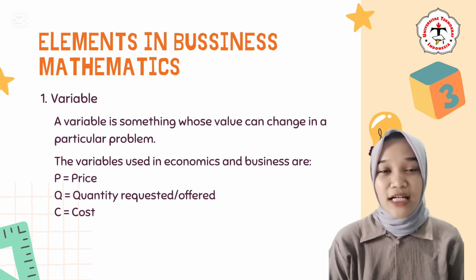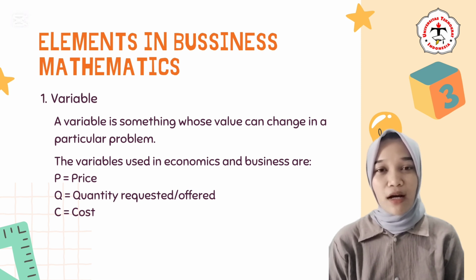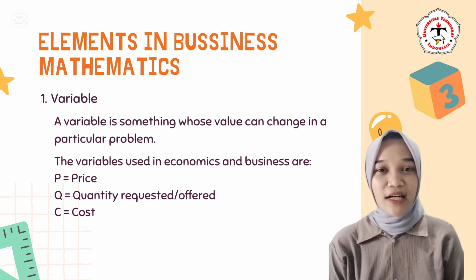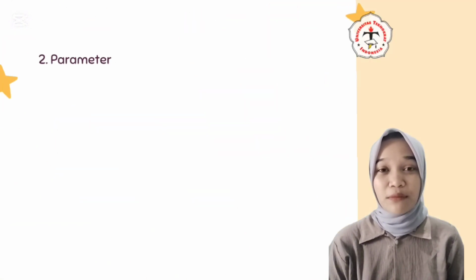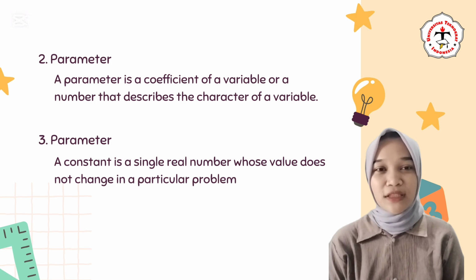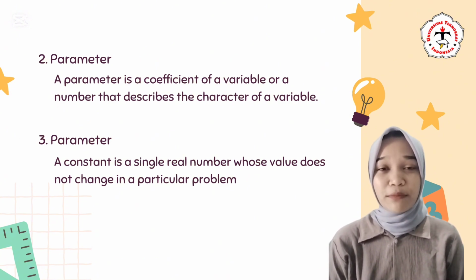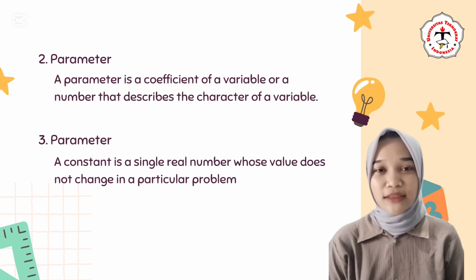For example, the variables used in economics and business are P is price, Q is quantity requested or offered, C is cost. Number 2. A parameter is a coefficient of a variable or a number that describes the character of a variable. Number 3. A constant is a single real number whose value does not change in a particular problem.